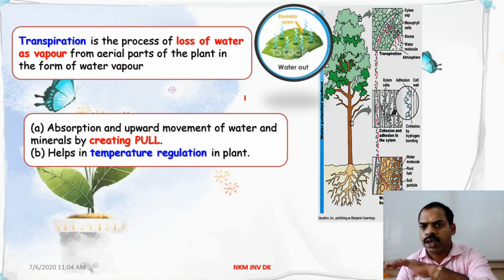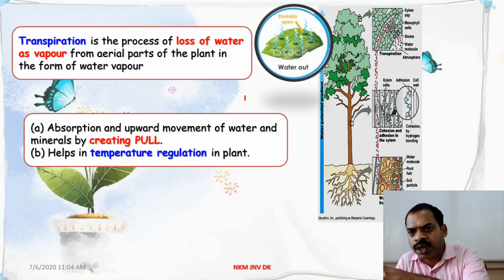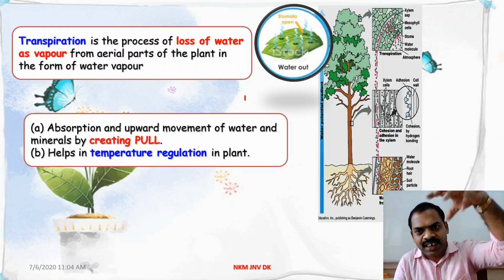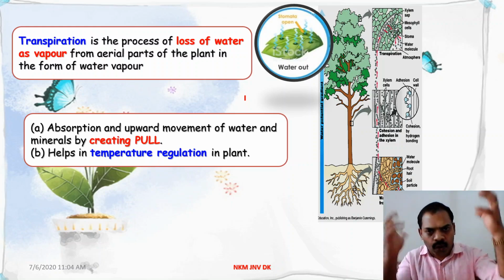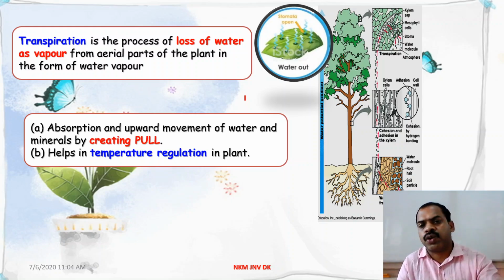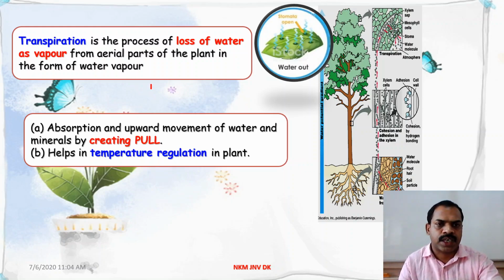On a sunny day, you stand below a tree, below an open ground, below a building, where will we feel cool? Below a tree. Why? The tree is releasing water vapor, so that cools the atmosphere also. So if we go and discuss, there are plenty of adaptations or benefits of transpiration.